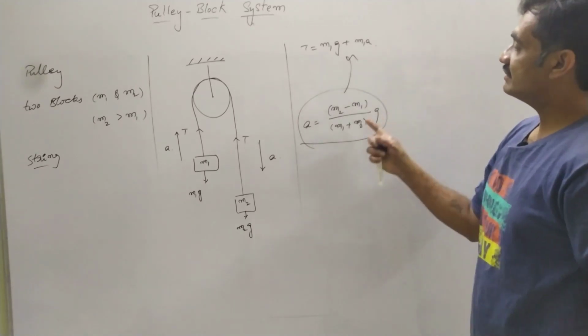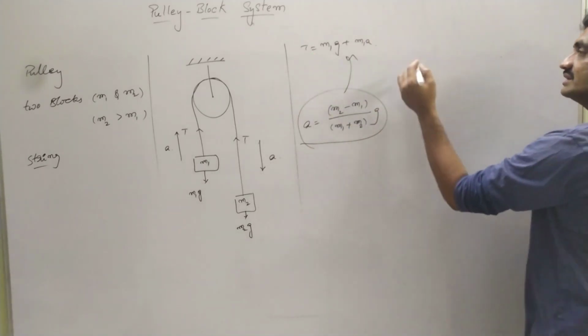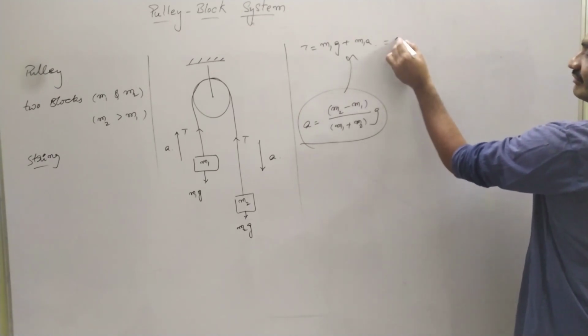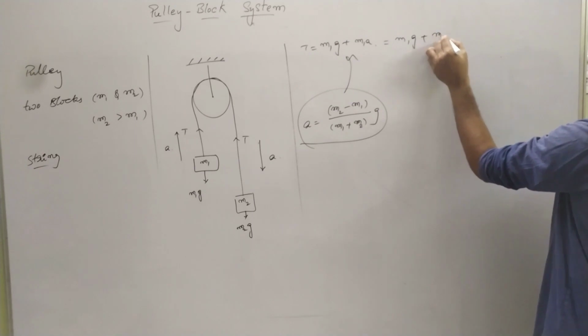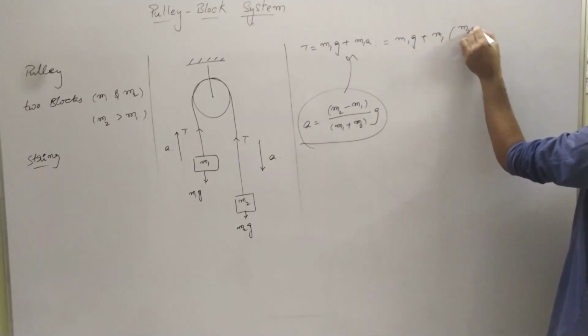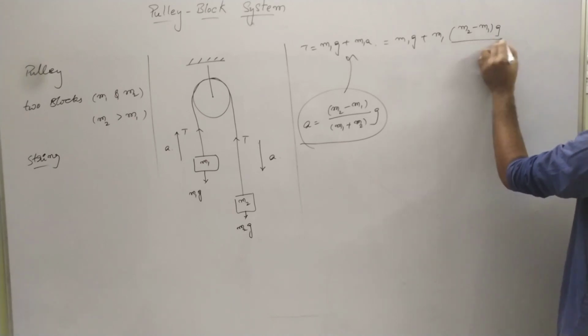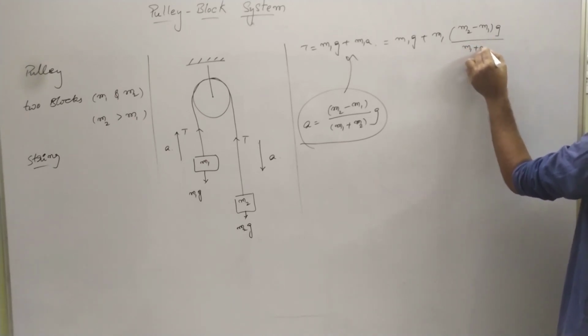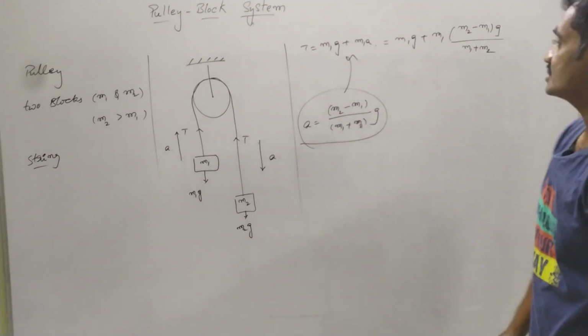As we substitute this value in this equation, here we will get the value of tension. Let us substitute this. Observe that m1 into g plus m1 into (m2 minus m1) into g by (m1 plus m2). So I have substituted the value of a in this equation.